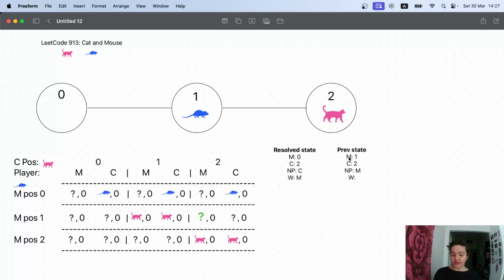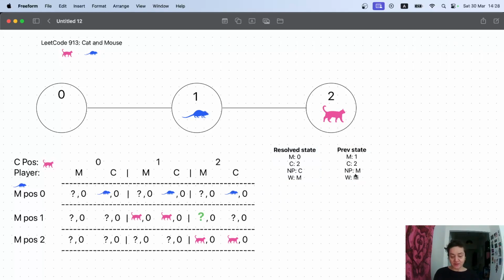So let's take a look at this together. In the previous state, the mouse was at 1, the cat was at 2, it was the mouse's turn to play, so he made the move onto this already resolved state where he's at 0, the cat is at 2, now it's the cat's turn, and the mouse has 1. Great. So can you deduce already for this previous state that the winner of the resolved state is already the winner here? Most definitely, yes.